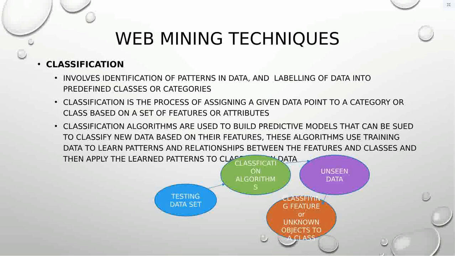These algorithms use training data to learn patterns and relationships between the features and the classes, and then apply the learned patterns to classify raw data. So we have a testing data set, classification algorithm, unseen data, and we assign unlabeled objects to a class.